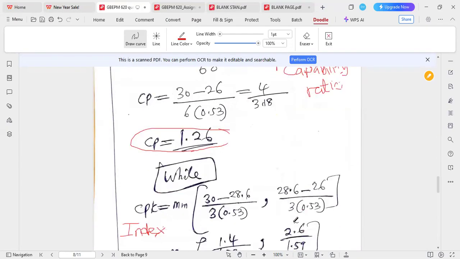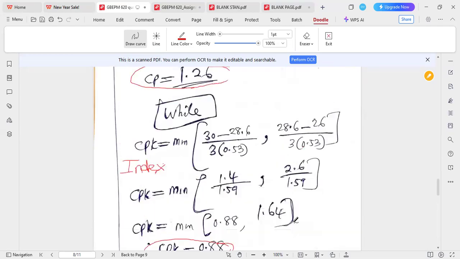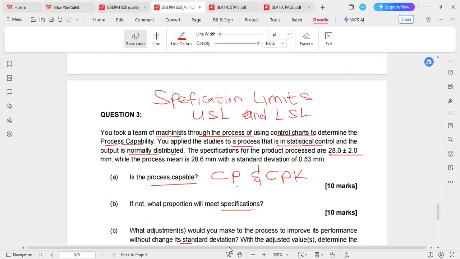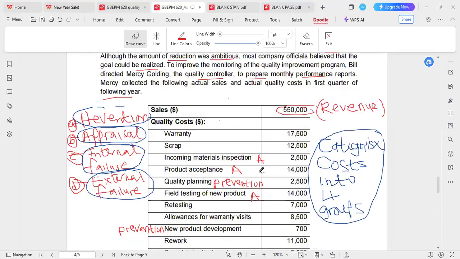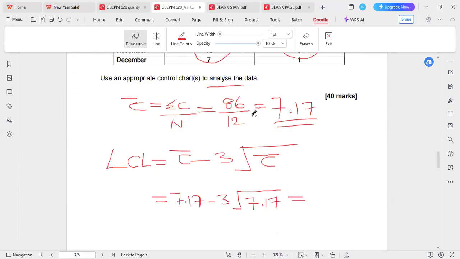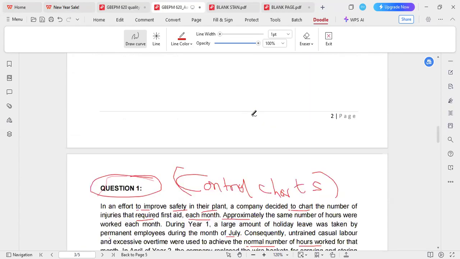So this marks the end of this paper, for the questions that came in this assignment paper. Question 2 was cost of quality. The first one was on control charts.